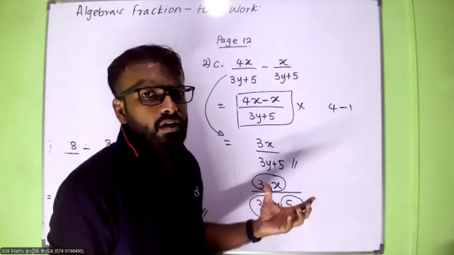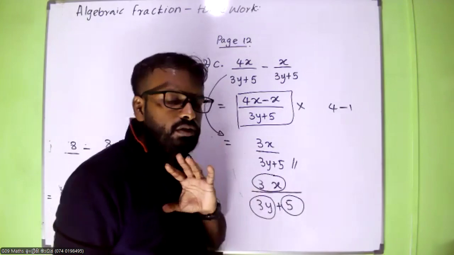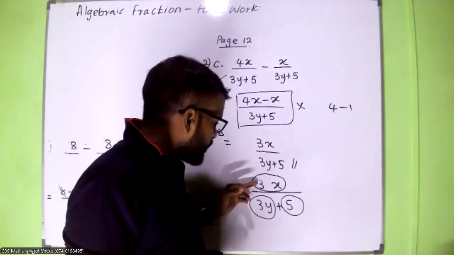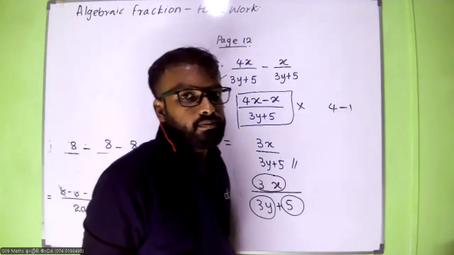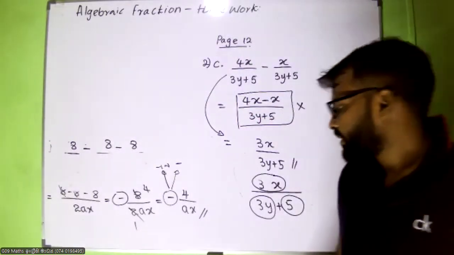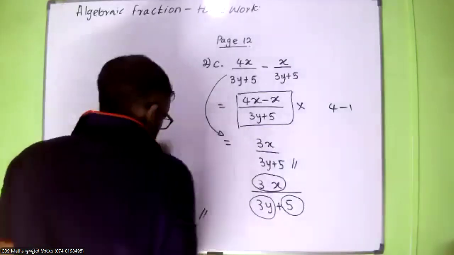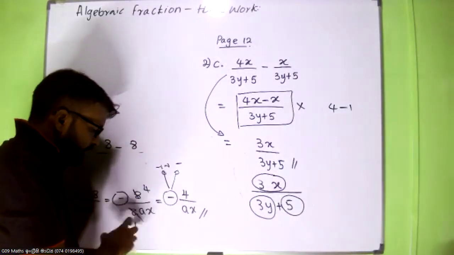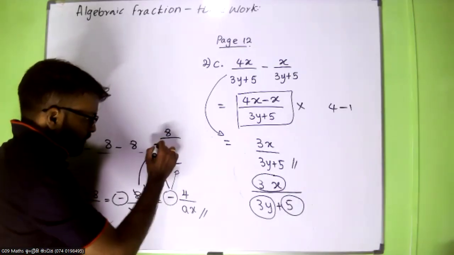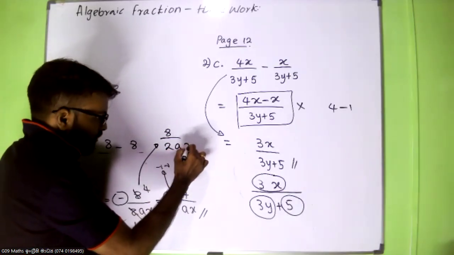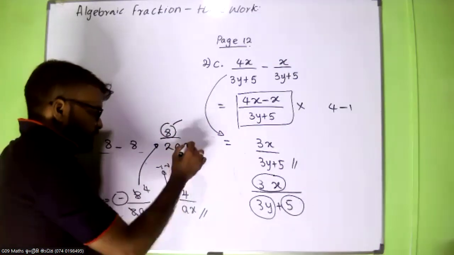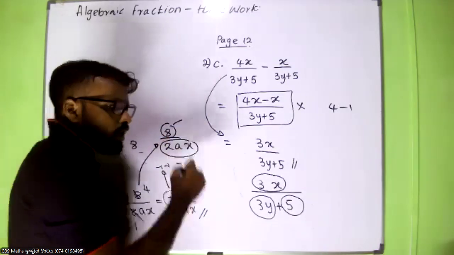Now, Yusuf is saying, why don't you simplify this 3 and this 3? Why did I simplify it here? Here you have one term. Here you have another term.